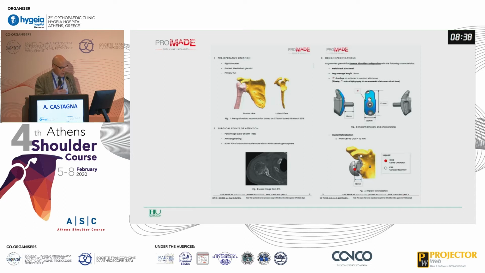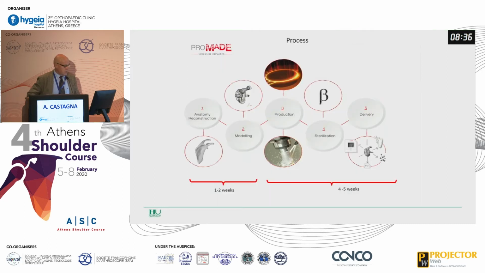Then we take all the measurements, and then we send them to the company that is making this work, making an anatomy reconstruction, a modeling, a 3D reconstruction of what we are expecting, and then the production of the specific tool, and then the sterilization, and then the delivery, and it only takes 1.5 months or 2 and many thousand euros.